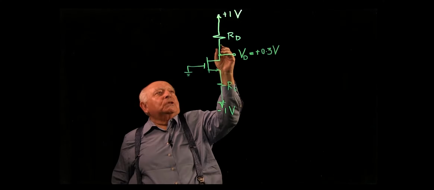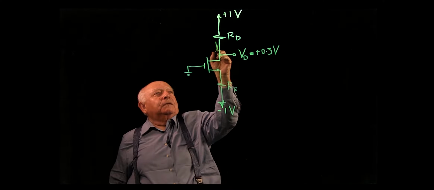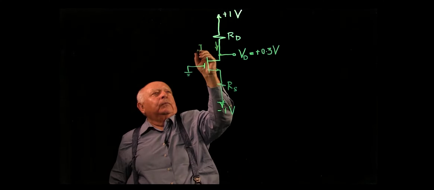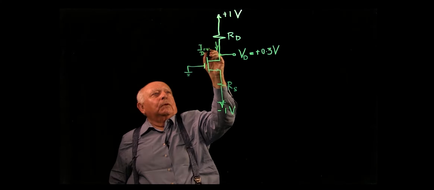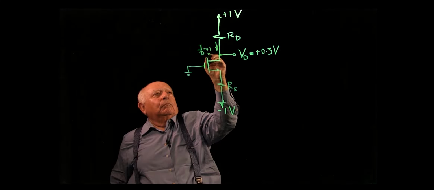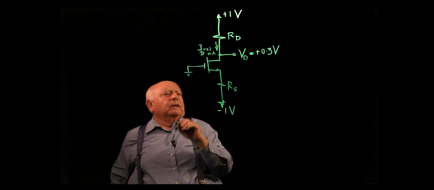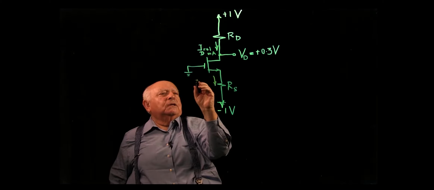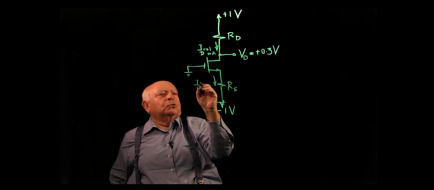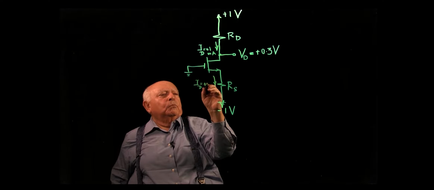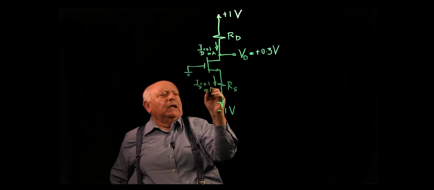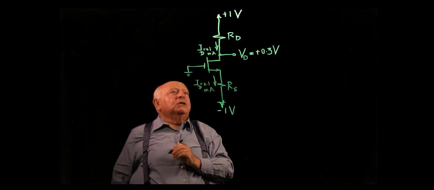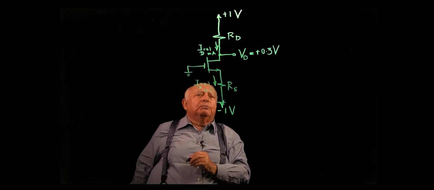And we also want to establish a current ID equal to 0.1 milliamp. Of course, the same current will flow in RS, so that's a current also of 0.1 milliamp. Okay, so that's what we want to obtain.